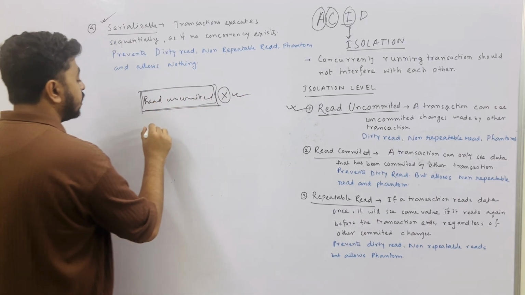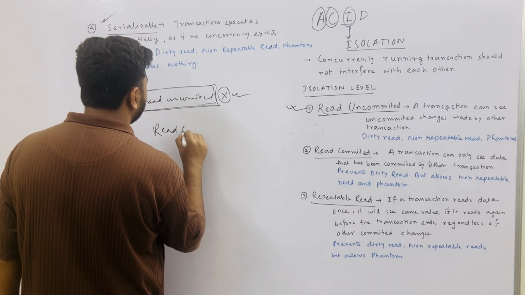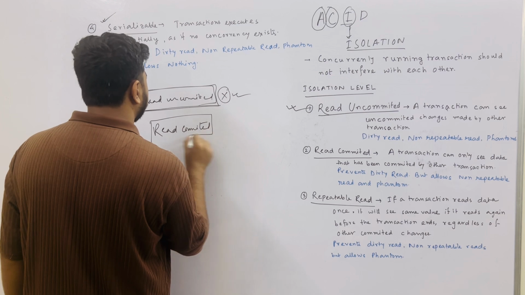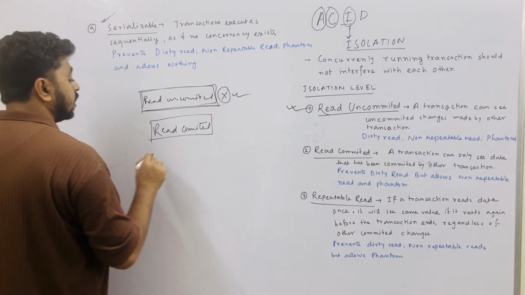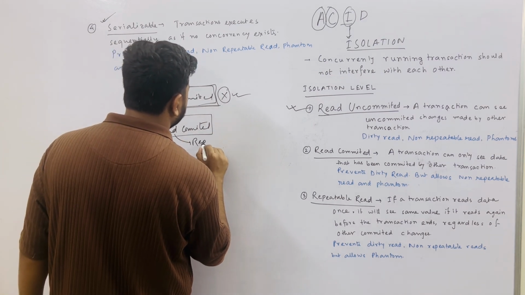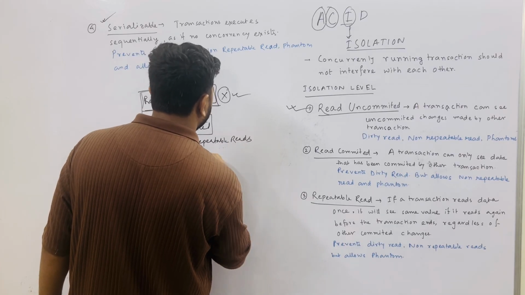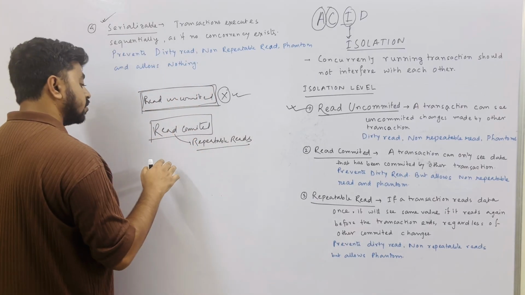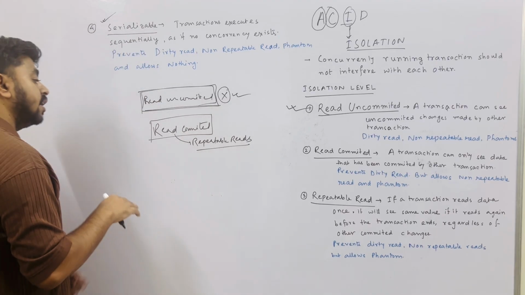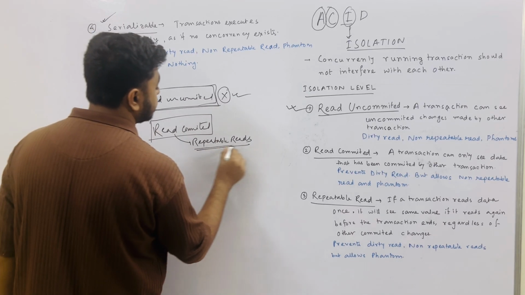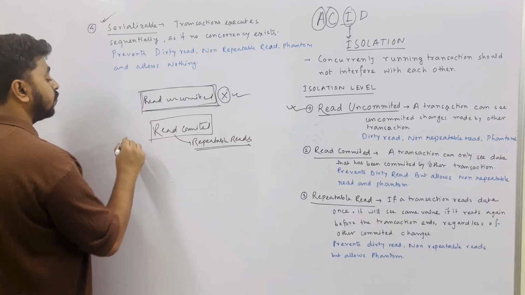Another is read committed, which is also not much preferable, because non-repeatable reads don't get prevented. That means even if one transaction has already committed a particular record, another transaction, if it fetches the value two times, may get two different values.